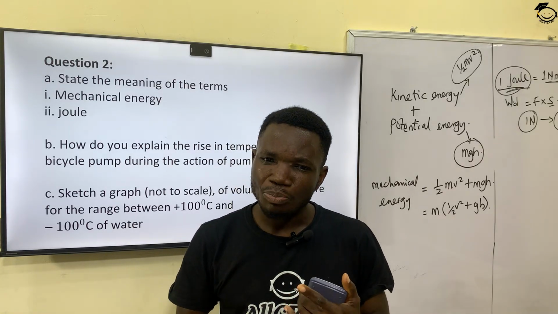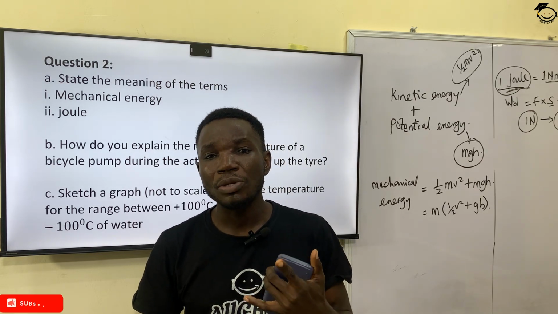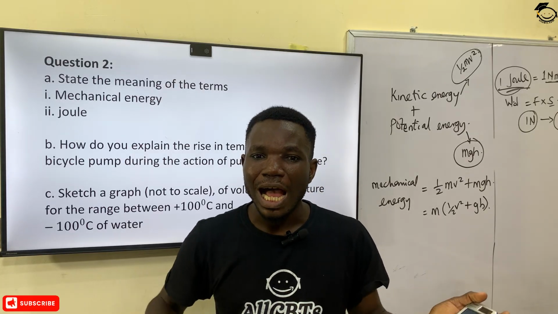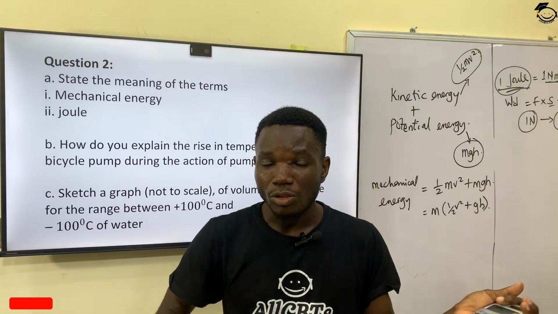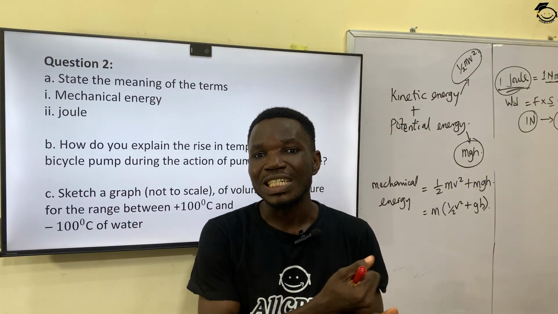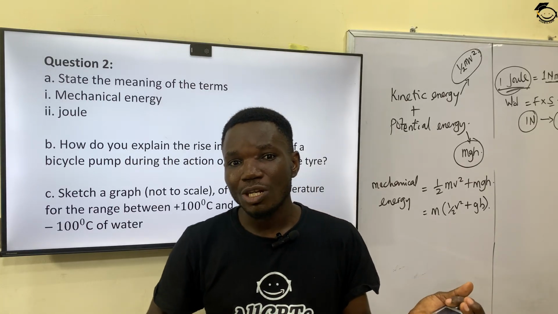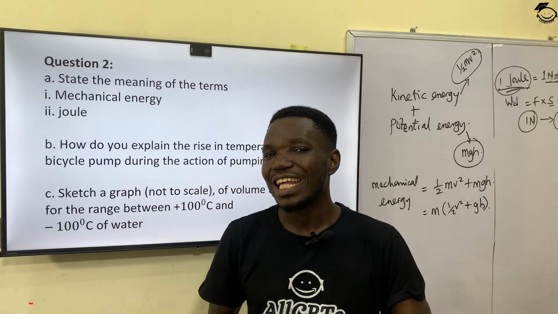What is responsible for the heat generated by this bicycle pump? Now, when you are pumping your tire, you are moving the piston-like part of the bicycle pump in and out. And in the process of moving it in and out, you are generating a frictional force. And frictional force is converted to heat energy.